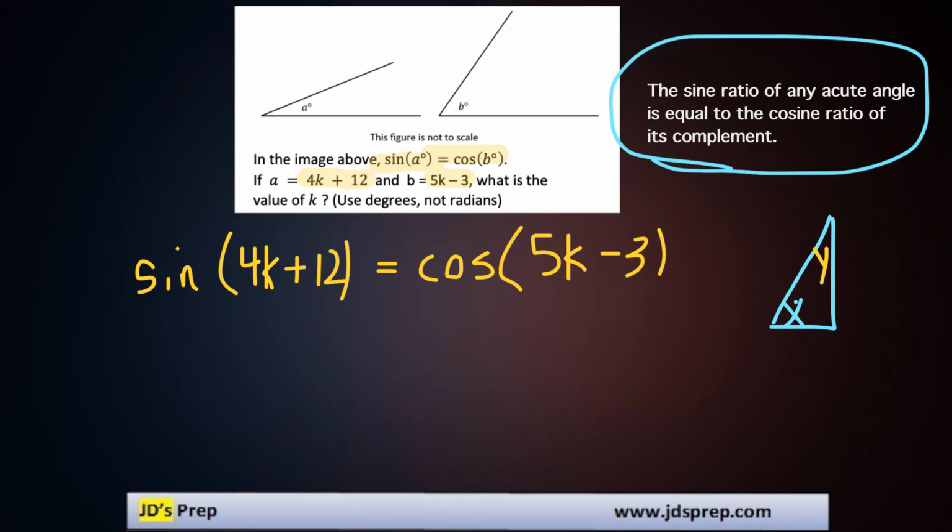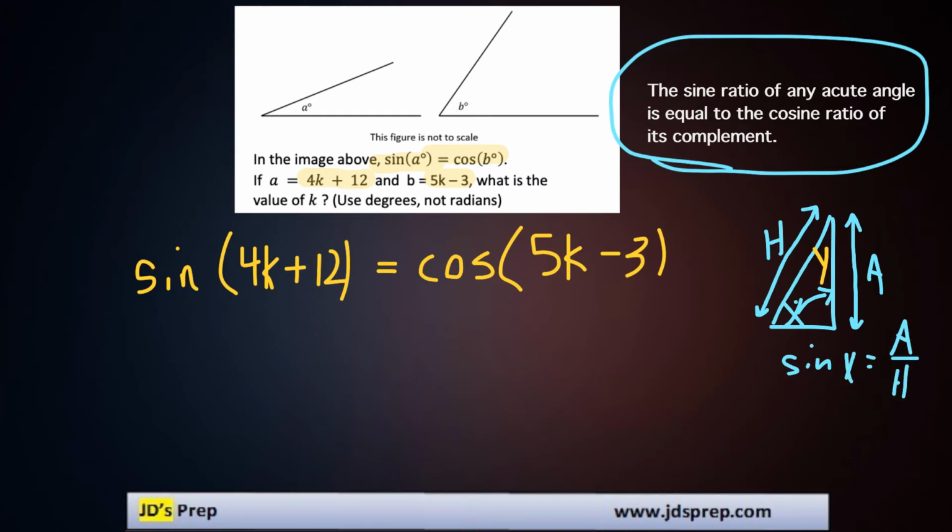So let's look at the sine ratio of angle x. That would be its opposite side, or sorry, this distance here. We'll just label it a, over the hypotenuse, which we'll label as h. So sine of x in that case is a over h.